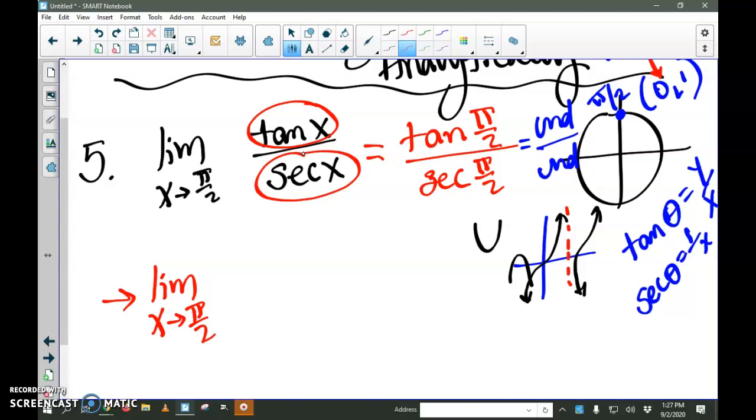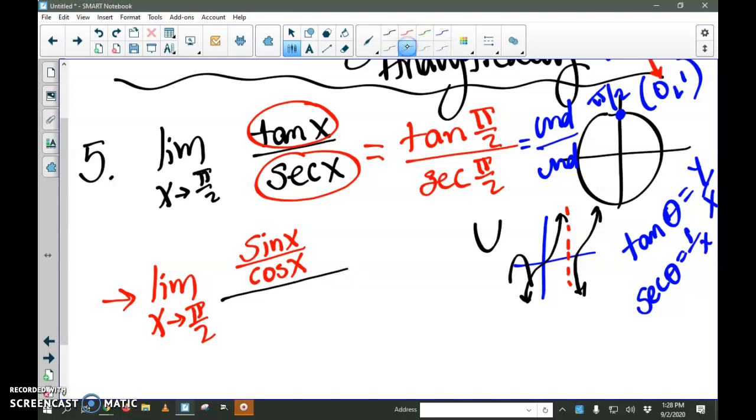The quotient identity, one of them states that tangent of x is equal to sine of x divided by cosine of x. And this quotient identity is very popularly used by AP. It's a very common one to use, and so I would square that away in your brain, like, hey, I really need to know how to rewrite tangent in terms of sine and cosine.